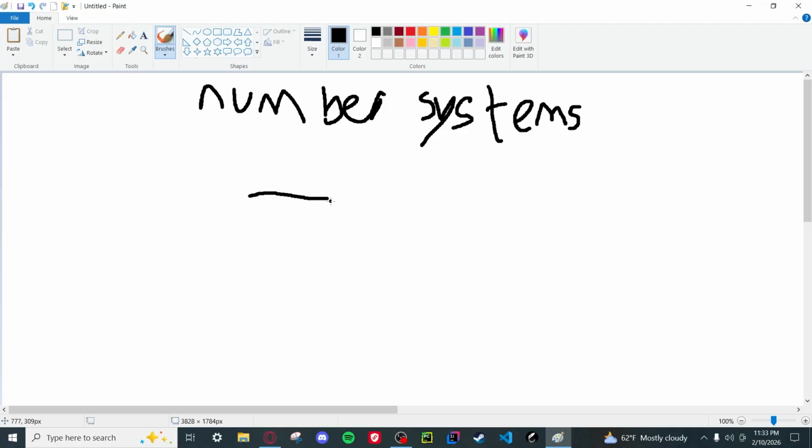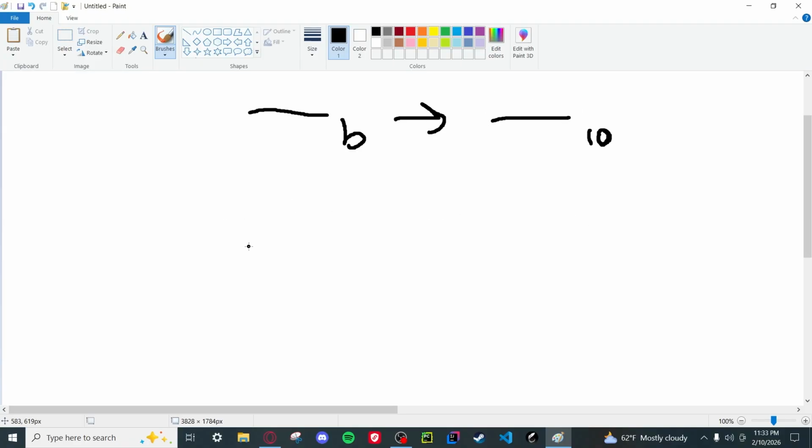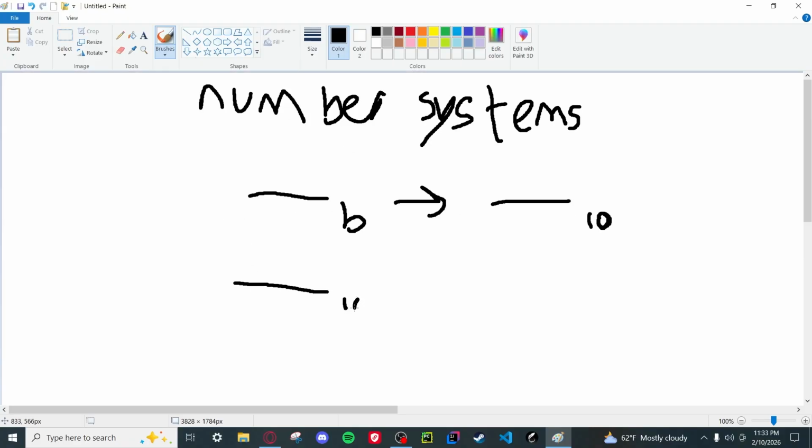like base 2 or something, taking that number and converting it to base 10. Then we talked about the reverse, taking a number from base 10 and converting it into any base, which you also do for the power of 2 method.